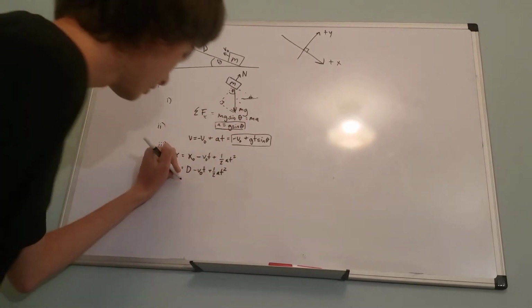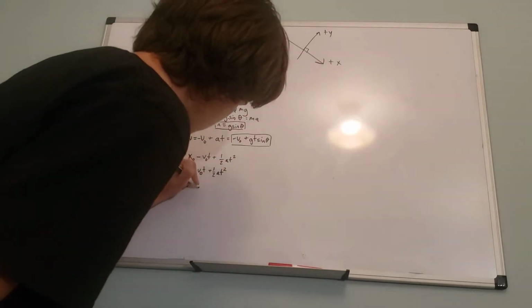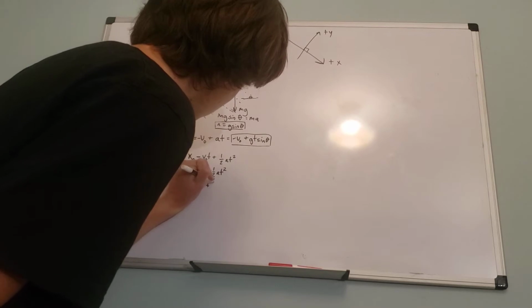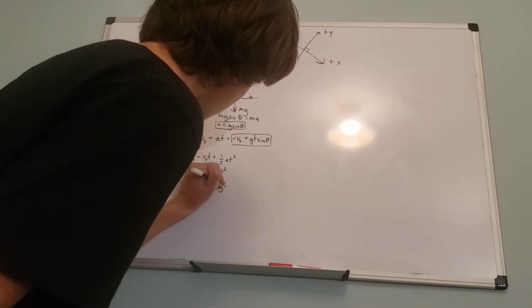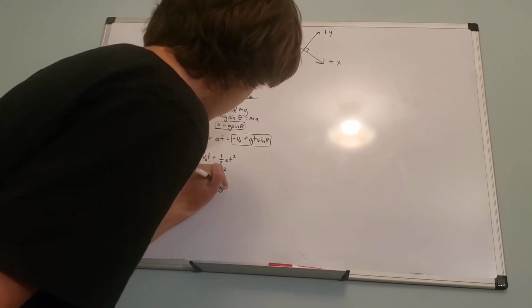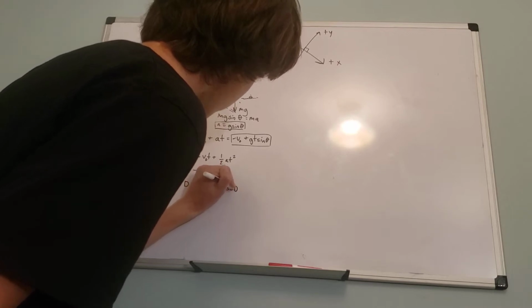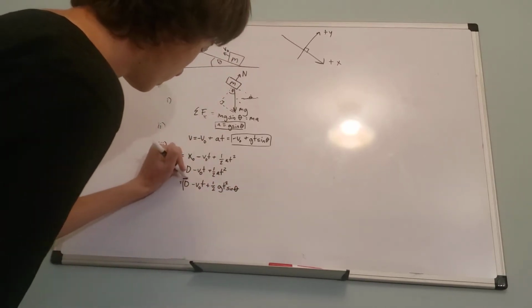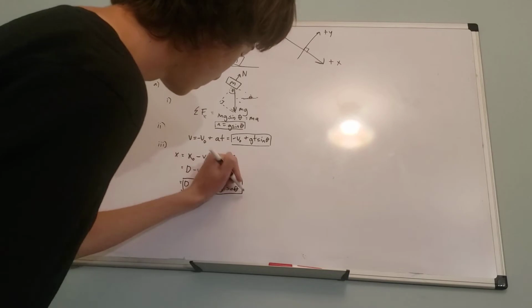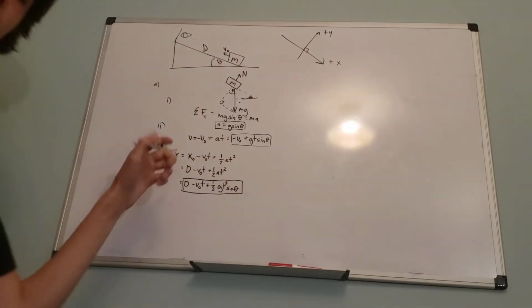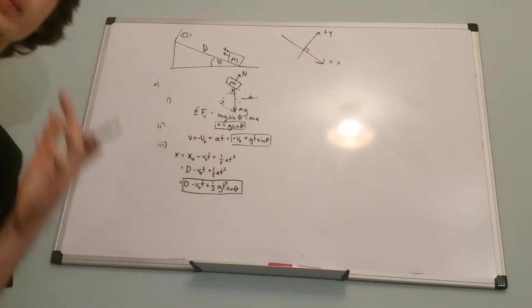Acceleration is g sine theta. So that is d minus v0 t plus 1/2 g t squared sine theta. There we go. So now we have acceleration, velocity, and position.